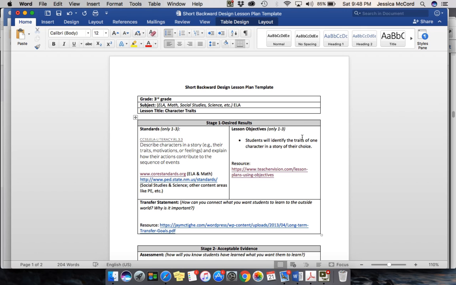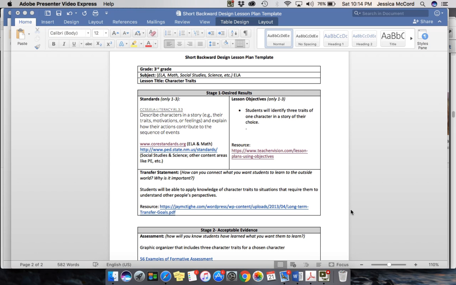Okay. And I can even be more specific and say 3 traits of one character in a story of their choice. So now that we have a lesson objective identified, we are going to think about a transfer statement.